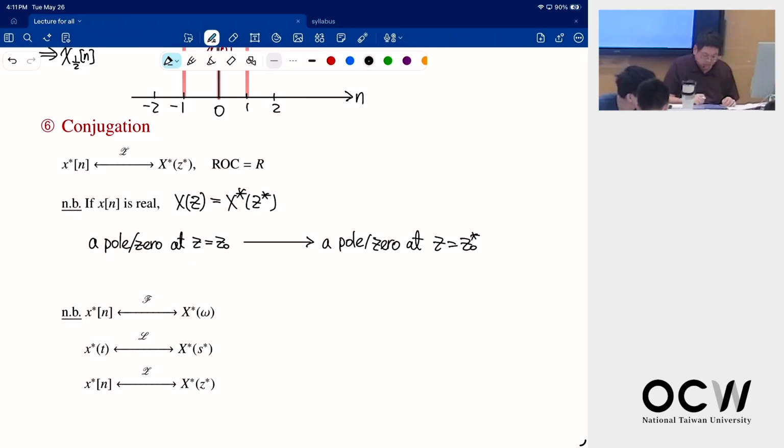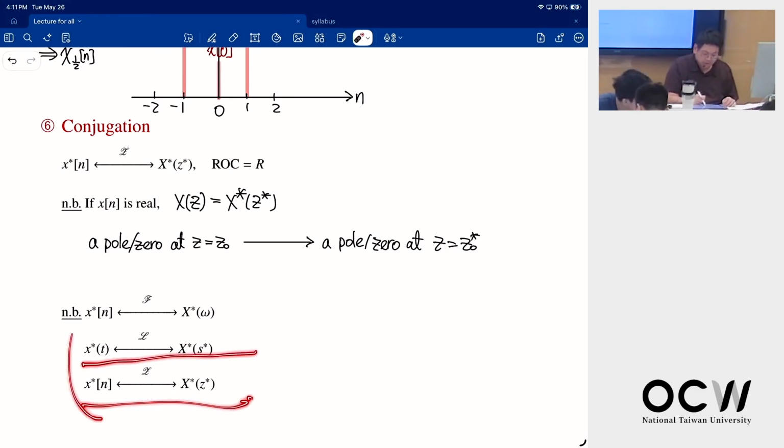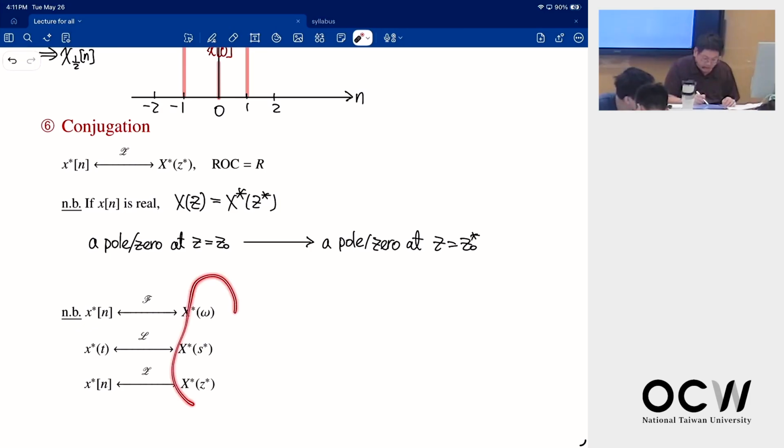You can compare to this discrete time Fourier transform, Laplace transform, and z transform. If I conjugate, well, I do the same thing.